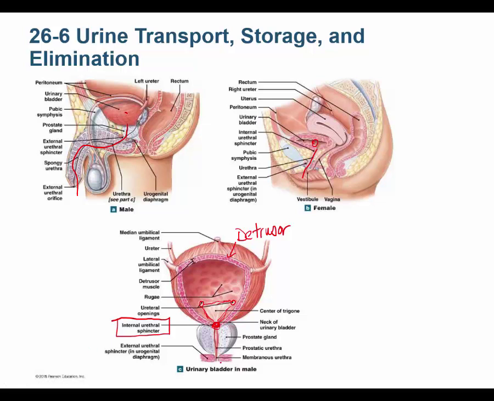And then we have this urogenital diaphragm. These muscles are thick right here, and that generates the external urethral sphincter, and those are under voluntary control. Those are skeletal muscles, whereas the internal urethral sphincter is a smooth muscle. All right, so in a nutshell, that's the bladder.